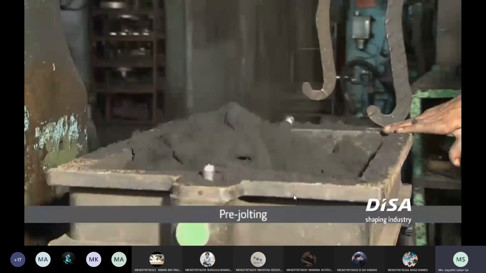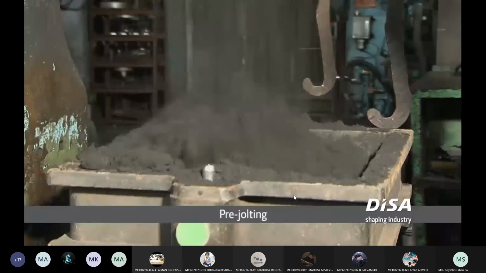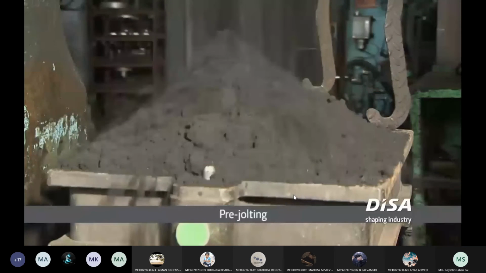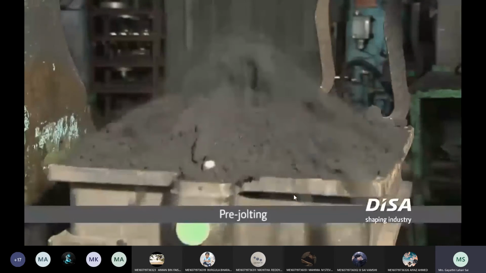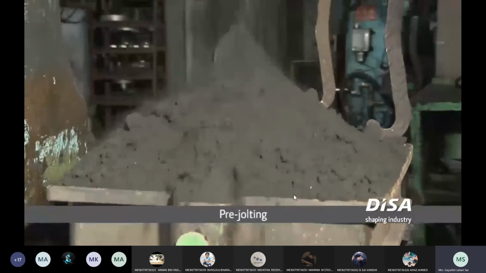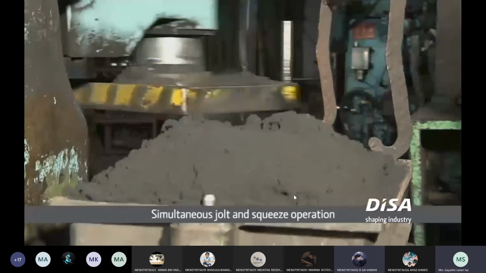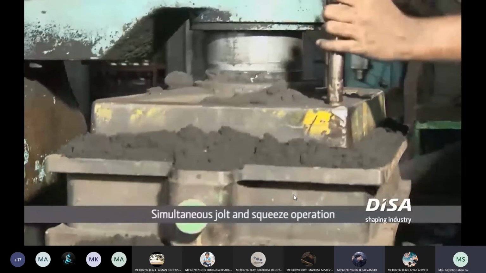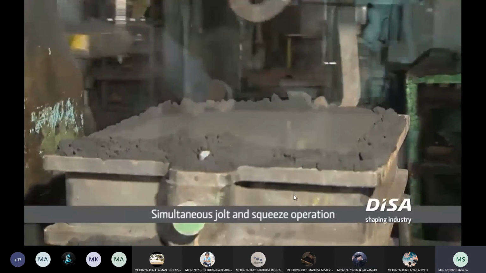The pre-jolting operation, where the sand is being poured with a hopper. It is vibrated so that the sand will settle. Ma'am, the pattern will move, no, ma'am, while vibrating? Pattern will be down. No, you see it.